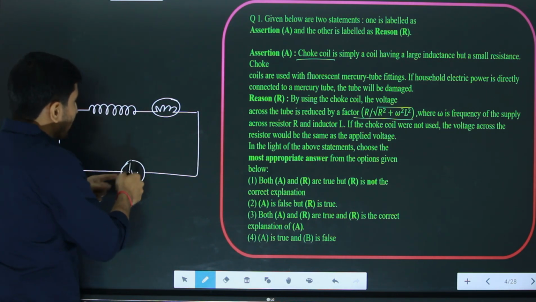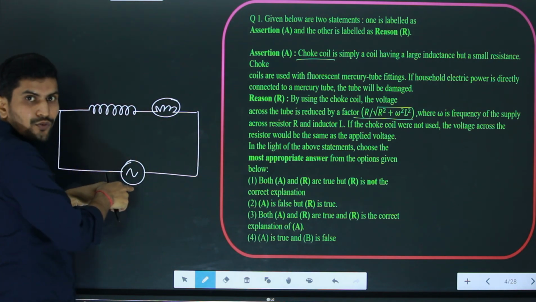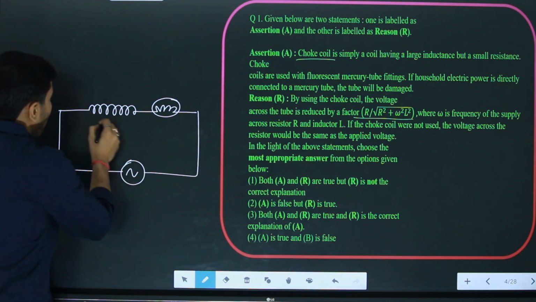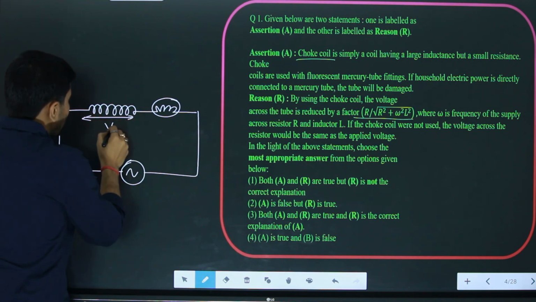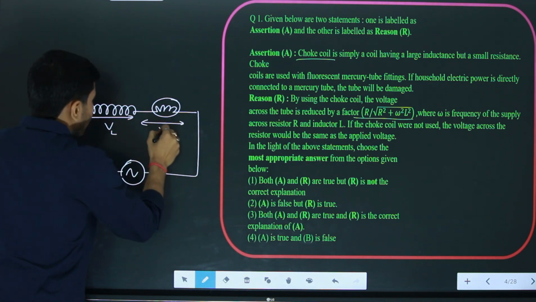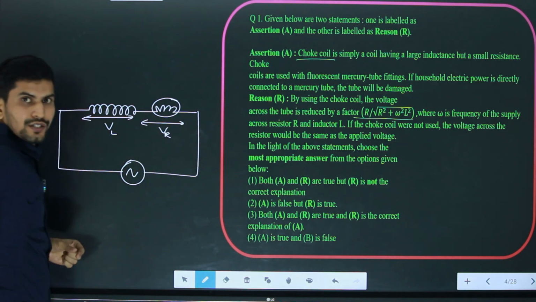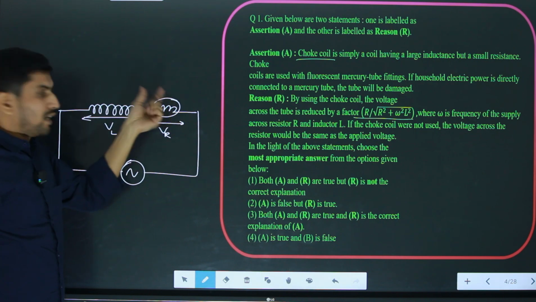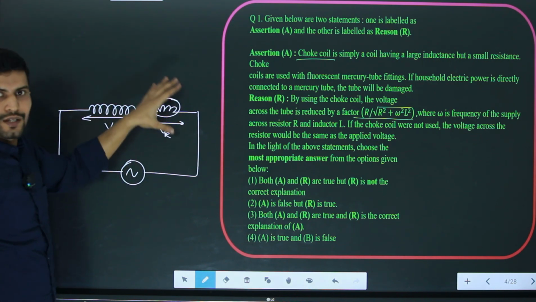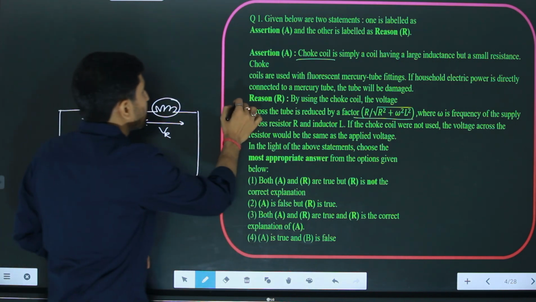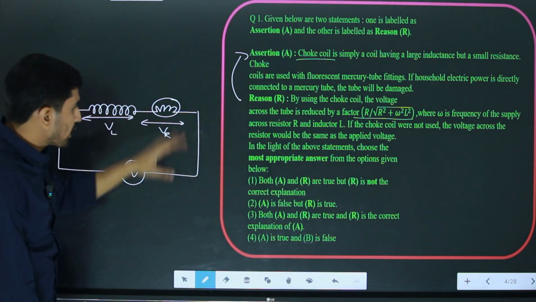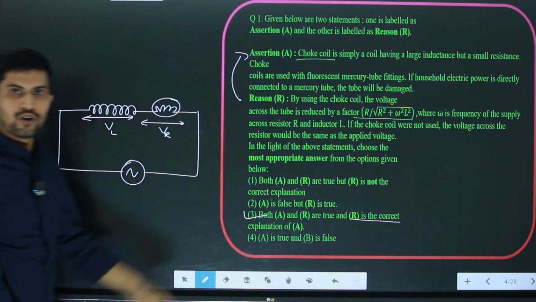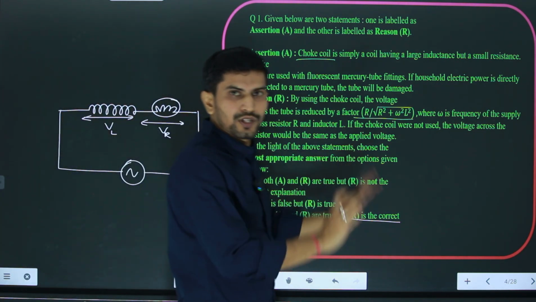So before connecting the mercury bulb directly to the AC source, if we connect a choke in series, what will happen? We know that electric components connected in series can divide the voltage. Therefore the voltage across the bulb can be reduced, and this way the mercury bulb can be protected. Therefore the reason is successfully supporting the assertion. Both are correct and the reason is giving the correct explanation. So option 3 is the correct one. Now let's move to the next question.